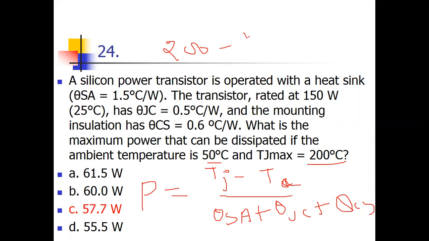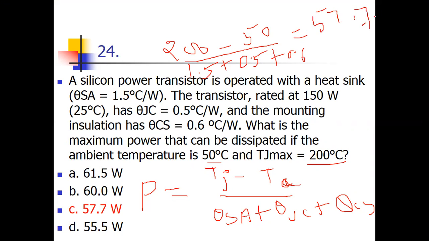The ambient temperature is 50. So 200 minus 50, divided by 1.5 plus 0.5 plus 0.6. Pause this video, solve this and check. You will get 57.7 watts. Okay, you can check these numericals in the book of Boylestad or Sedra Smith.